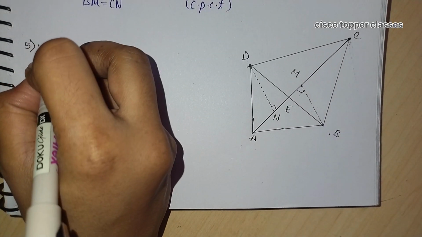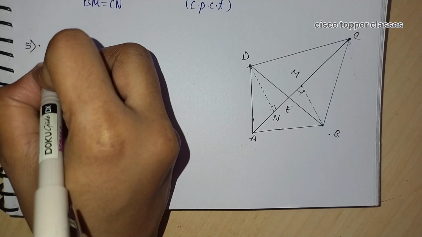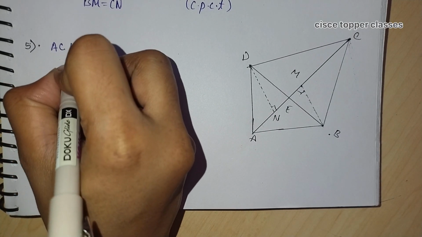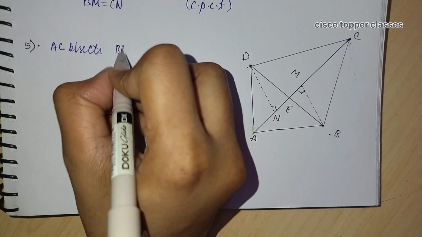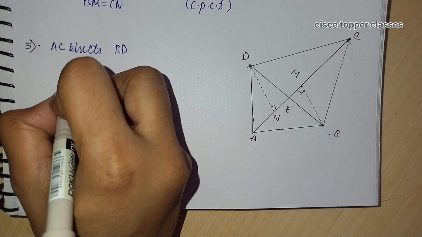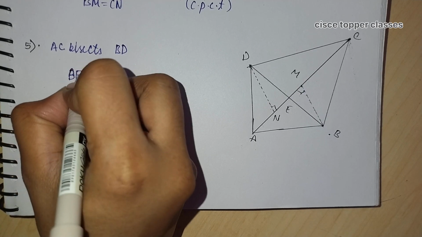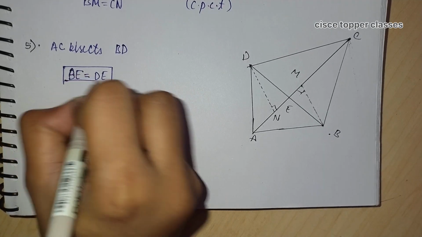So let us solve here. To prove that AC bisects BD, we can simply write that BE equal to DE. This we have to prove here.